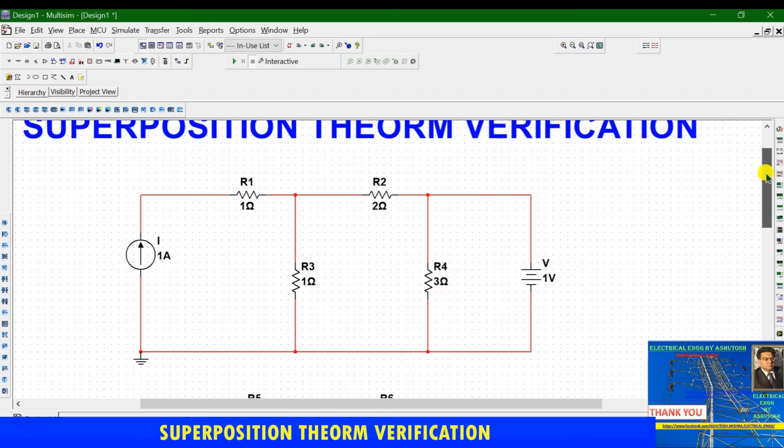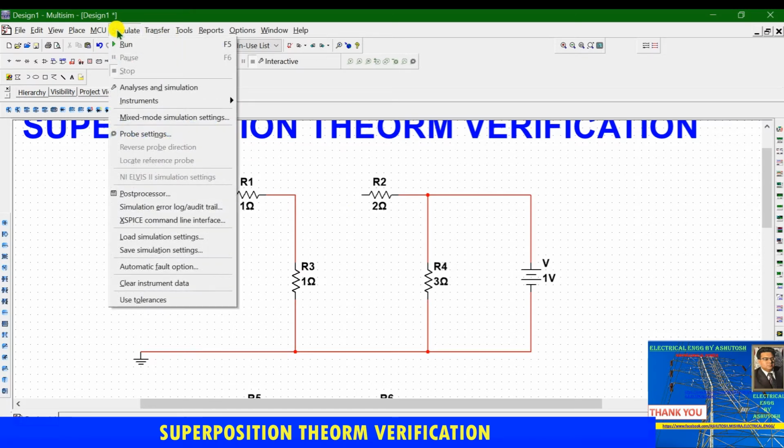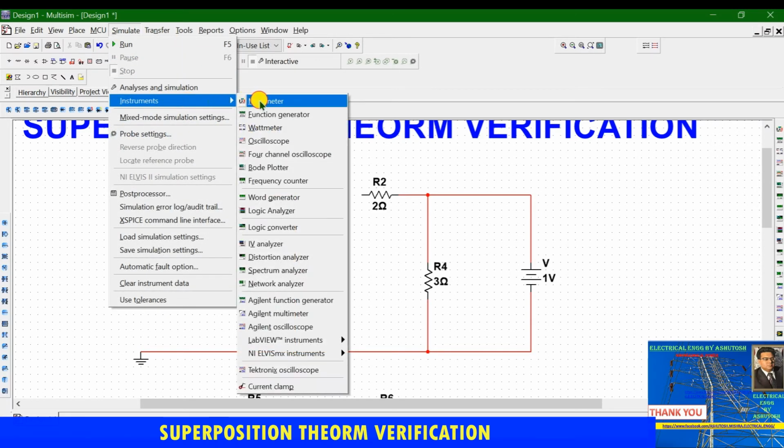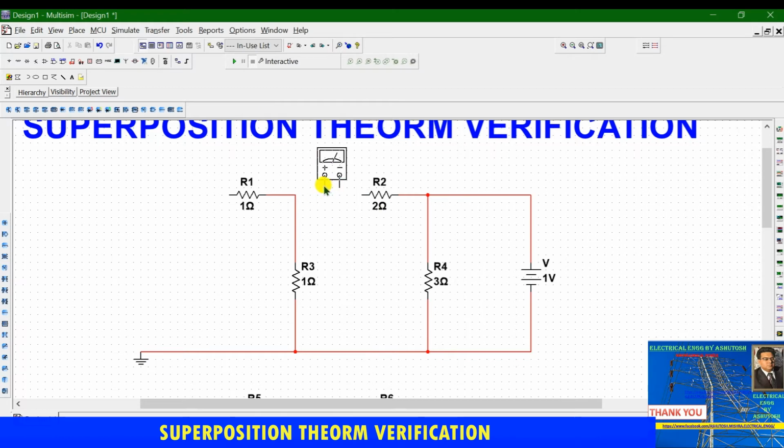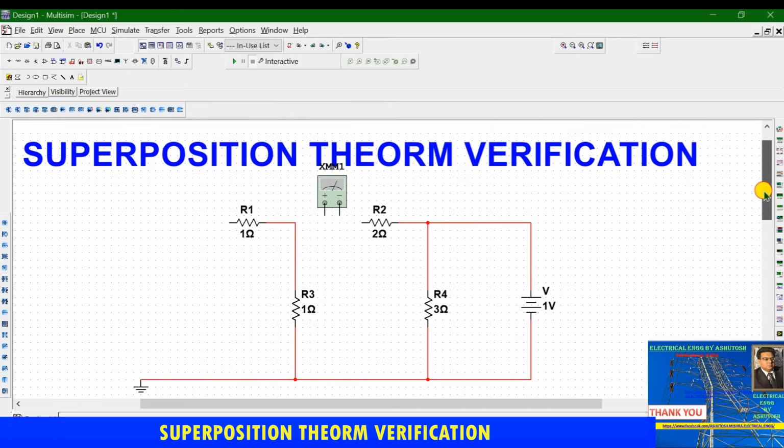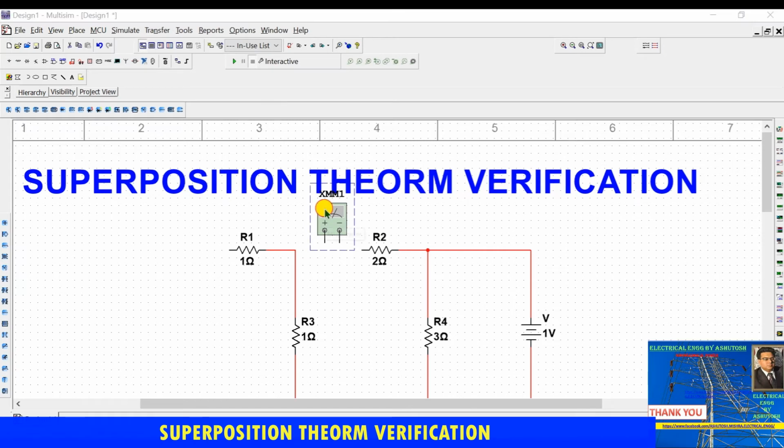As you can see here, this 1 ampere current source is deleted, so this circuit is kept open circuited, and now the 1 volt voltage source will send the current in this branch. In this branch I will connect a multimeter. You can choose it from Instruments, then Multimeter. So I have chosen a multimeter like this.